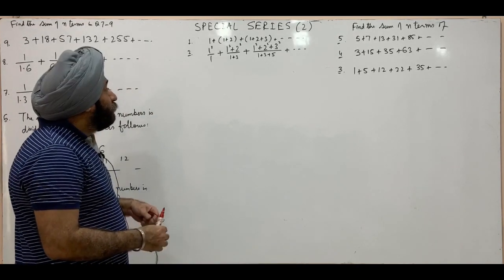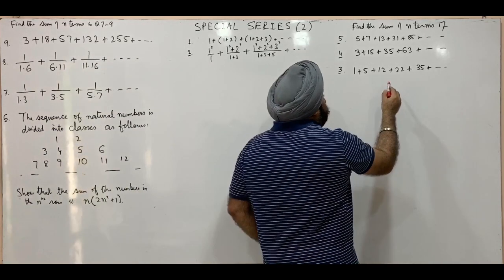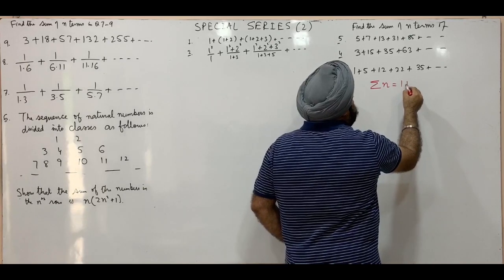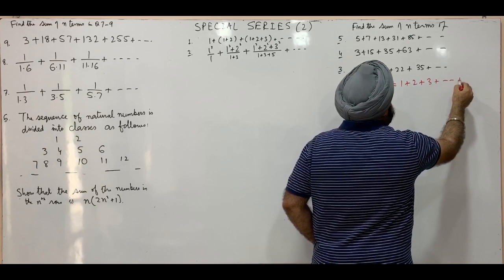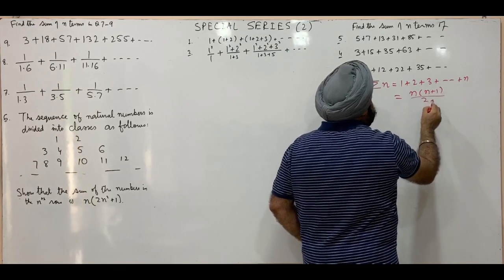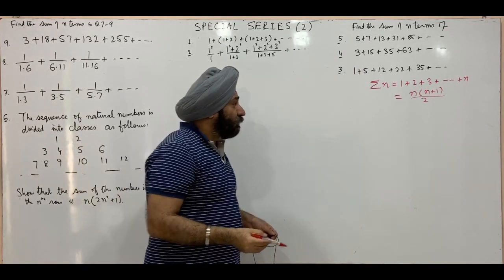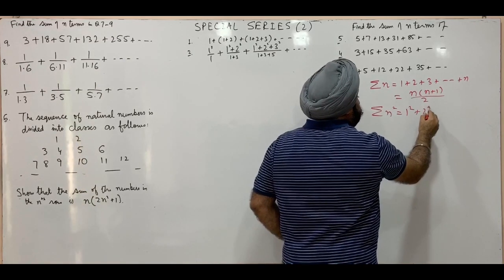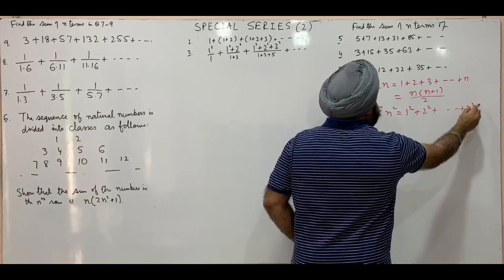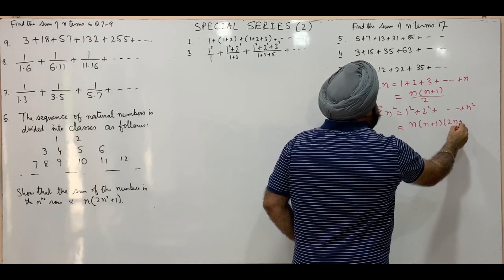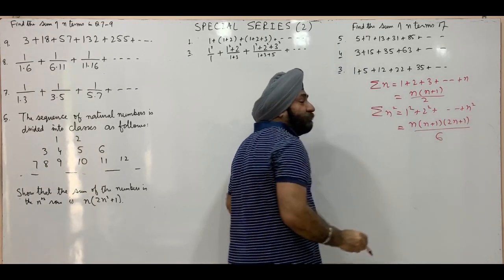So for that we need these formulas. Sigma n is the sum of first n natural numbers, and we know this is n into n plus 1 by 2. You must have learned this formula by now. Sigma n square, that is 1 square plus 2 square and so on up to n square, that's n into n plus 1 into 2n plus 1 upon 6.